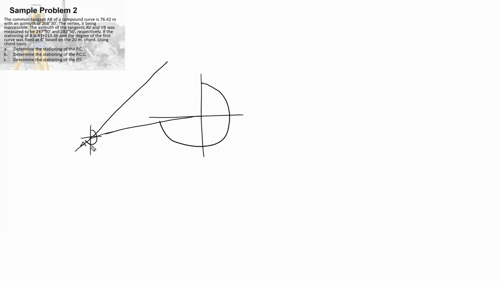And then si VB, so kunyari ito si A, ito si B. And then kunyari nandito lang, medyo baliktad eh. Pero 282, medyo nakakalito siya dito. Pero 282, lalampas siya 270.